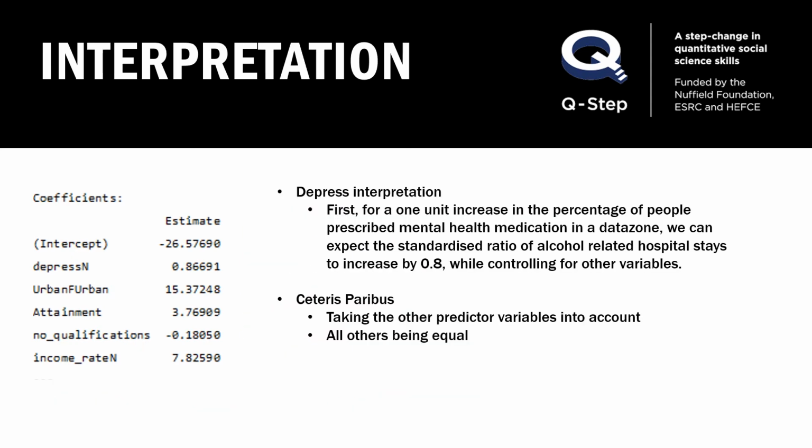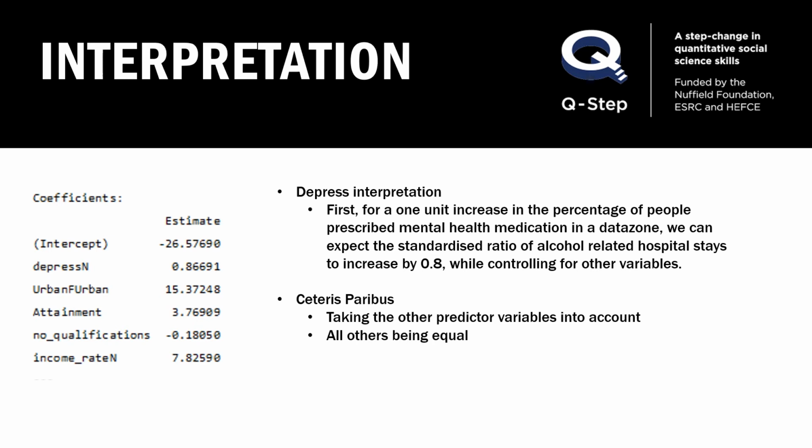To interpret the depressed variable, we could say, for a 1 unit increase in the percentage of people prescribed mental health medication in a data zone, we can expect the standardised ratio of alcohol-related hospital stays to increase by 0.8, while controlling for other variables.